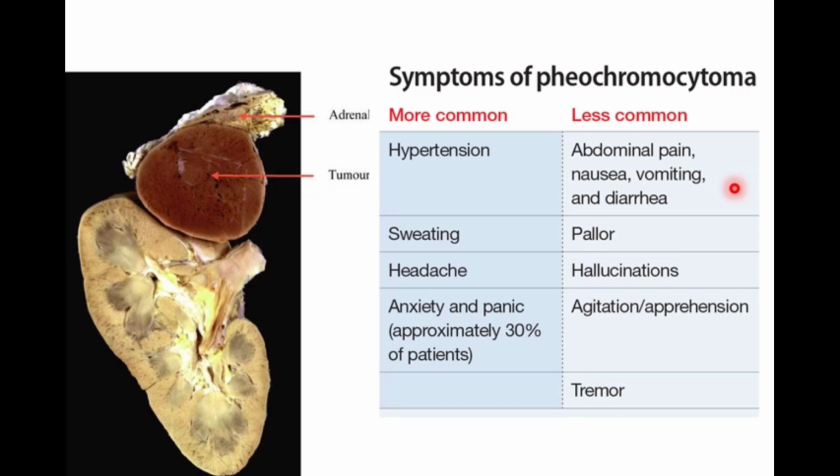Pheochromocytoma. Pheochromocytoma is a tumor of the adrenal gland, often causing the adrenal gland to secrete too much hormone. It can lead to high blood pressure and tachycardia, cause headache and sweating, and induce anxiety and panic disorder and some other symptoms.